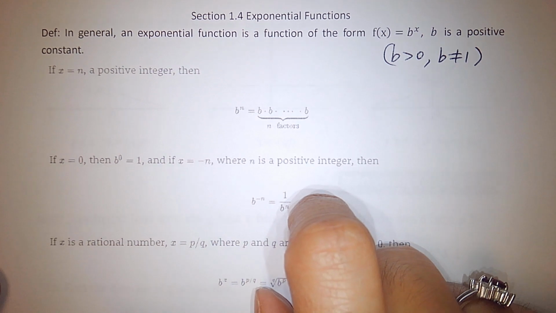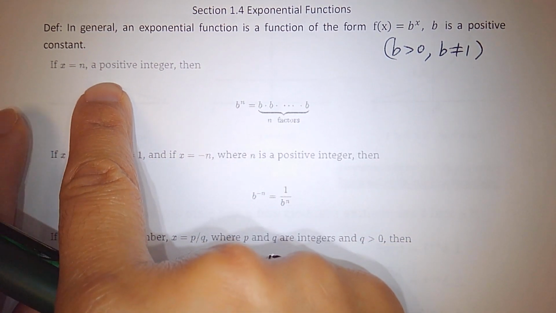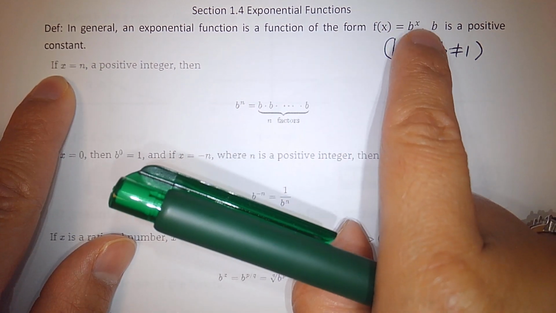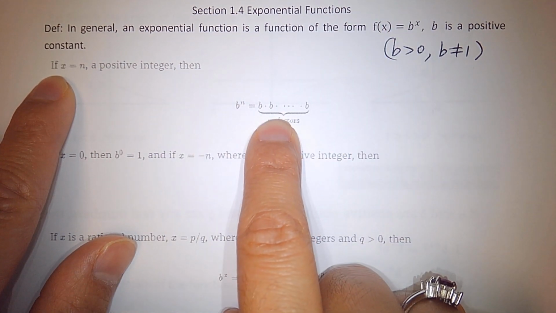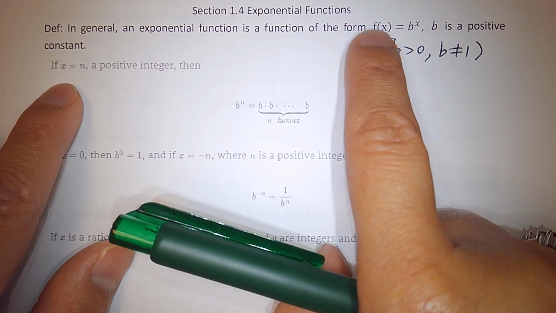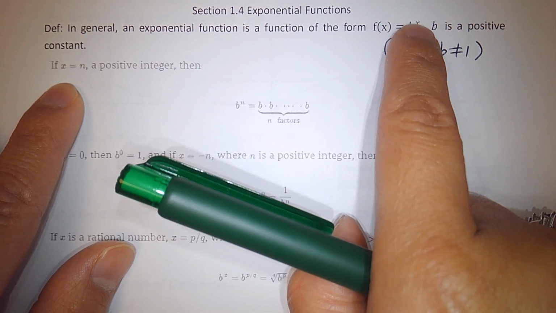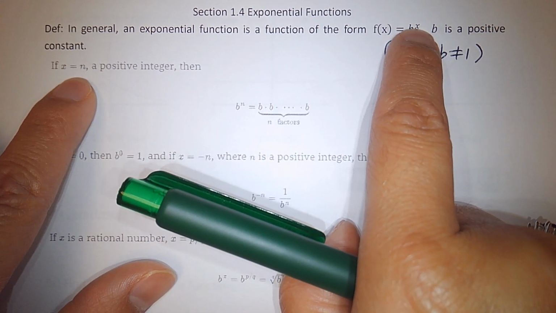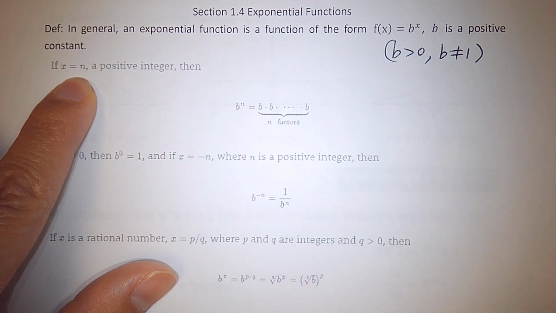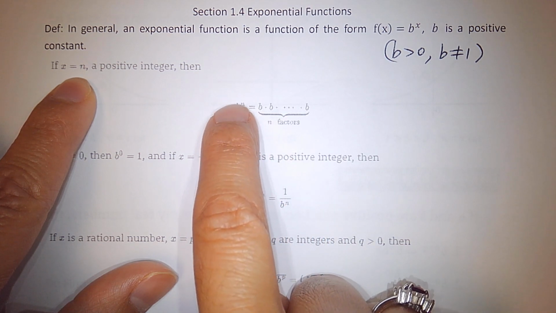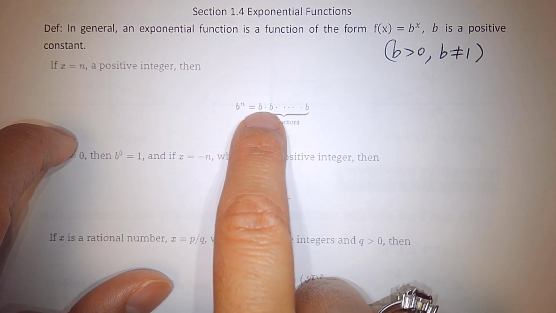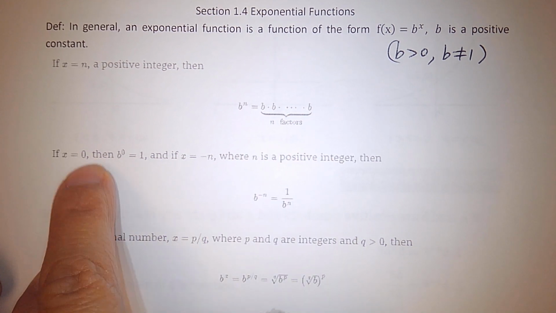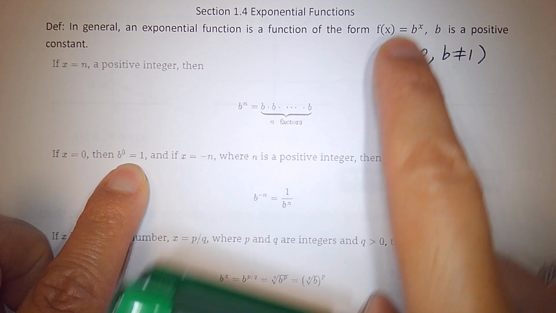Well, we have these subcases. We did this already, right? If x equals n, which is a positive integer, this is different. Just now we talked about a power function. Now, this is an exponential function, they're different. When x equals n is a positive integer, b to the nth power gives us b times b times b, n factors of b, right? If x equals 0, b to the 0 is 1.